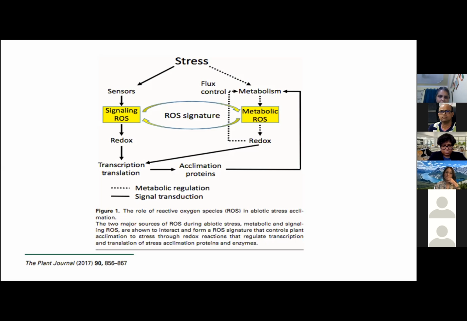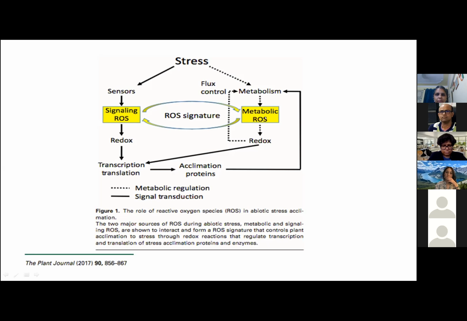The plant will know that this particular insult has occurred and now it needs to react. Ultimately, the way I was saying for the G protein, the same way, reactive oxygen species will change the redox potential of the cell milieu, transcription factors will be affected, and gene products will be formed. Those proteins will basically be for acclimation. They will fight back the stress the plant is facing.